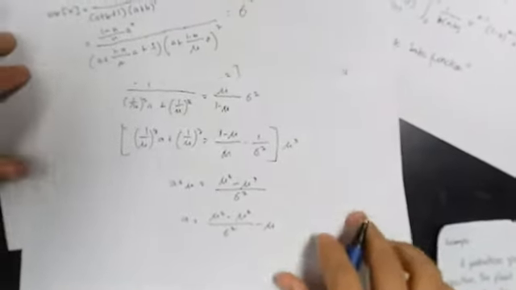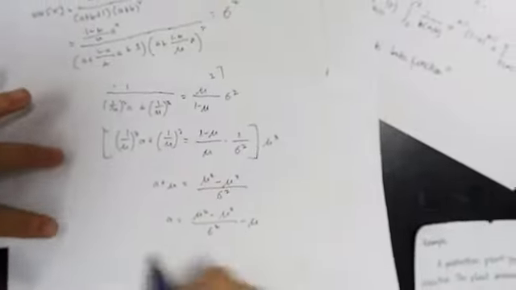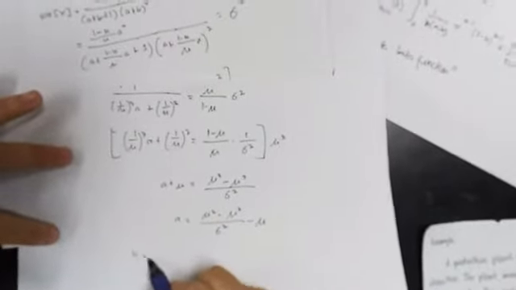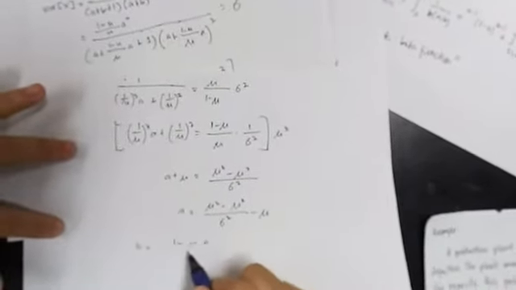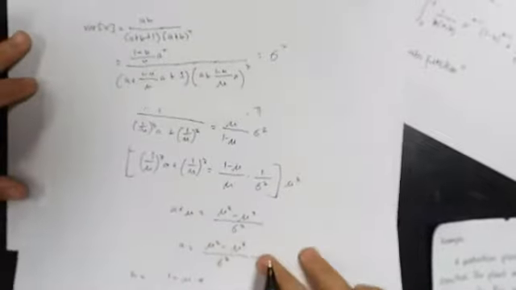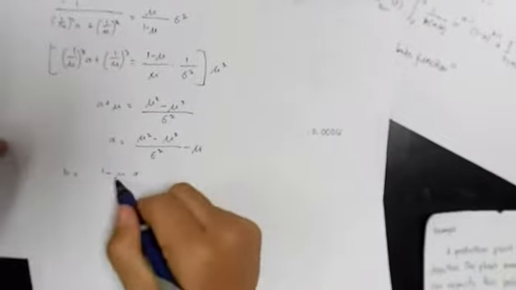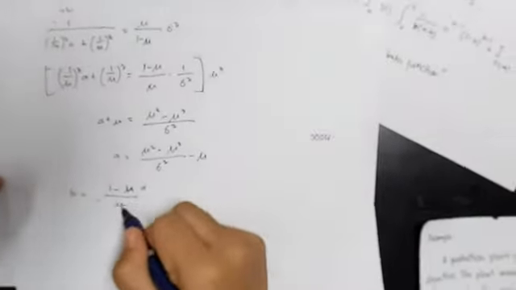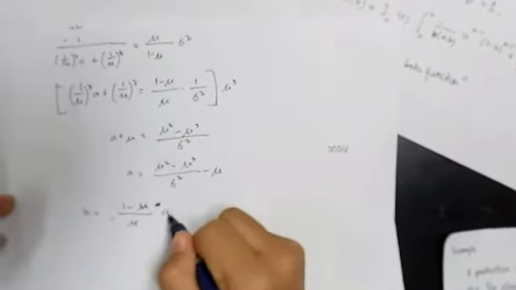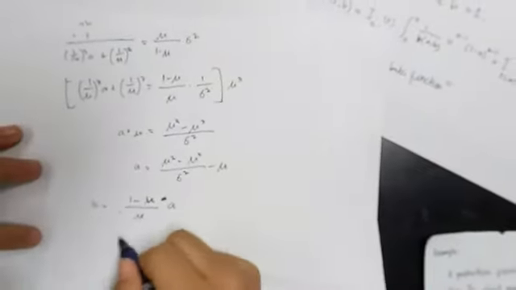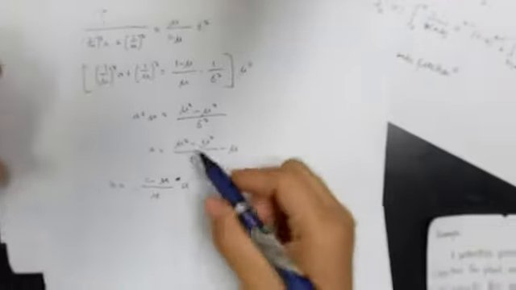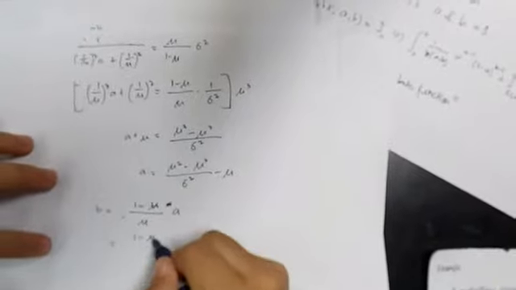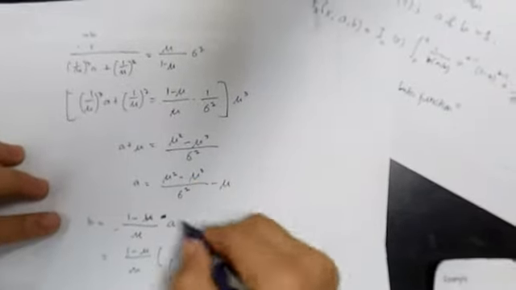And the value of B, for finding B, is (1 minus mu) over mu times A. Recall that B is equal to (1 minus mu) over mu times A. By simply substituting, we have (1 minus mu) over mu times this thing.